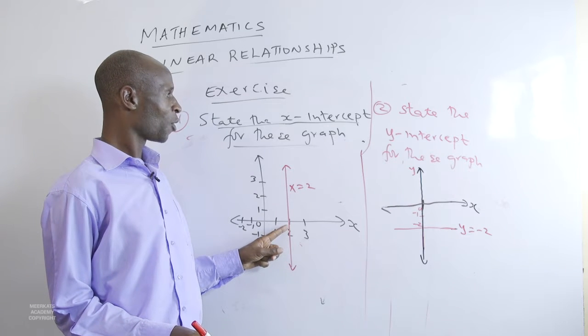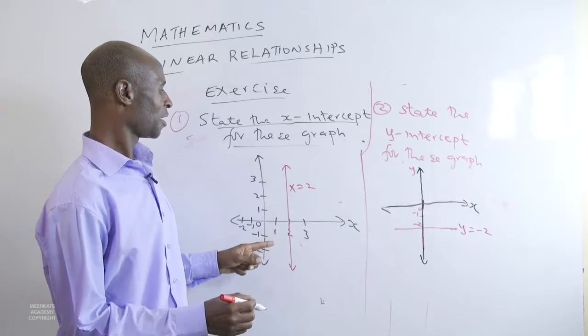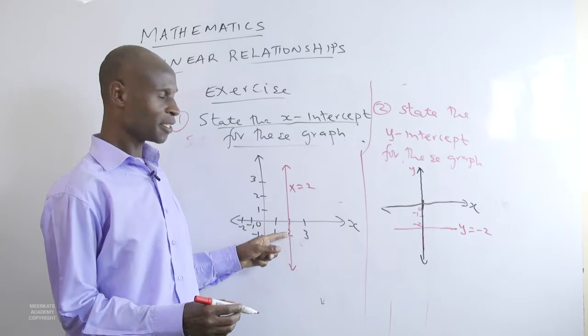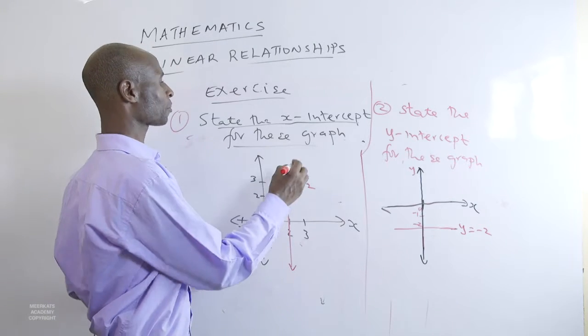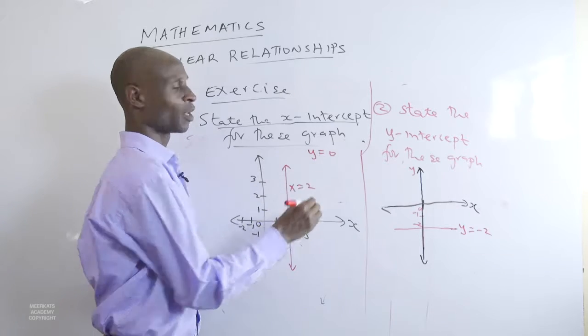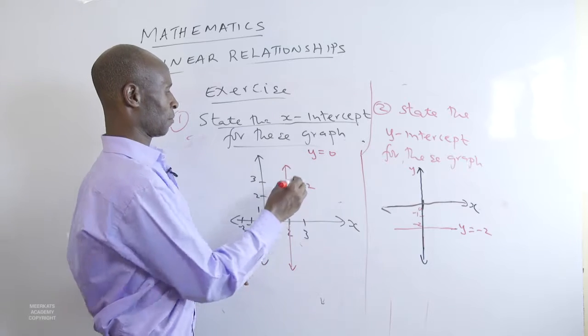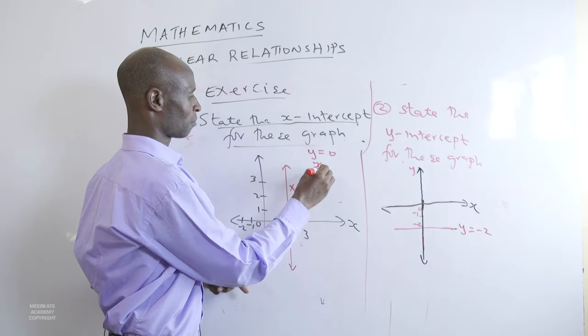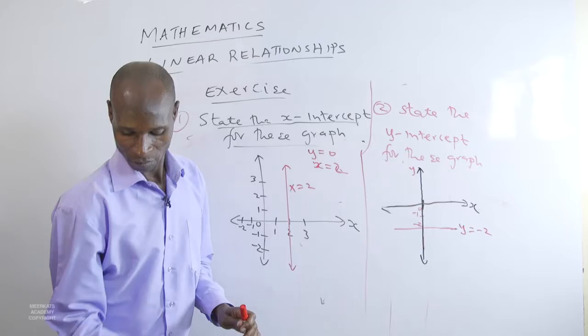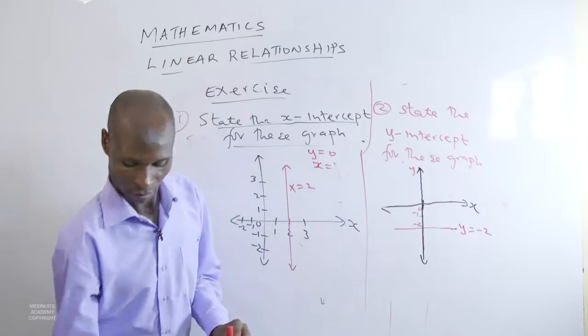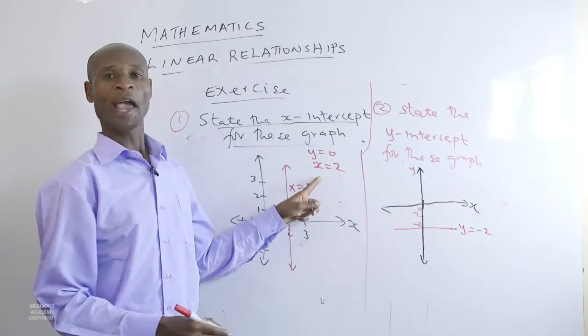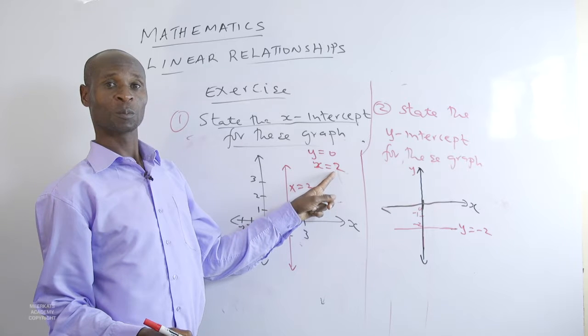And therefore, we can say that for the x-intercept, the y-coordinate is 0, while the x-coordinate is 2.